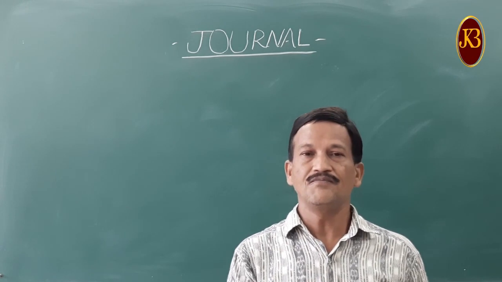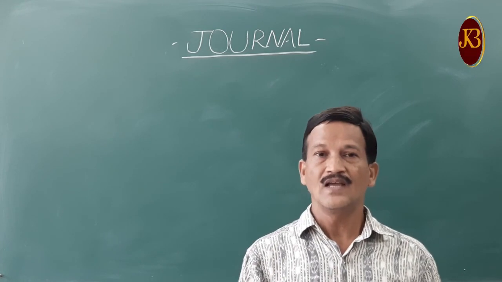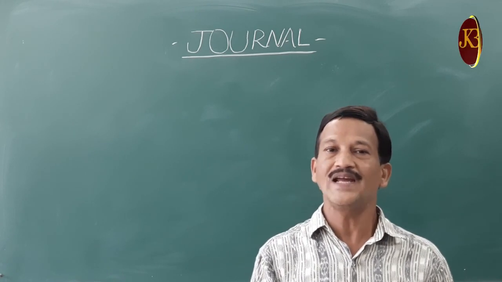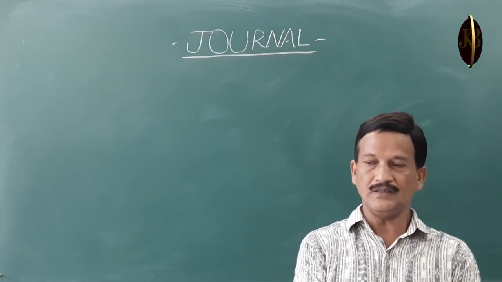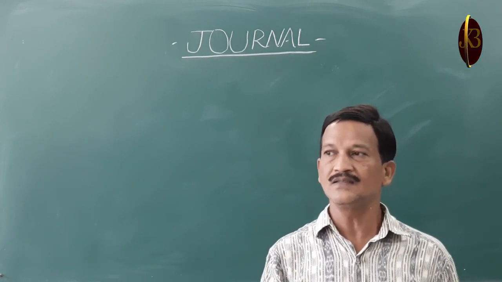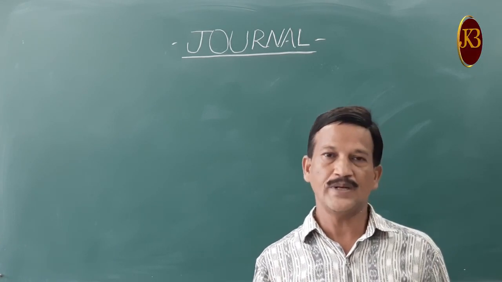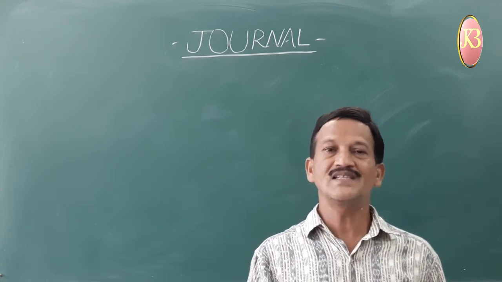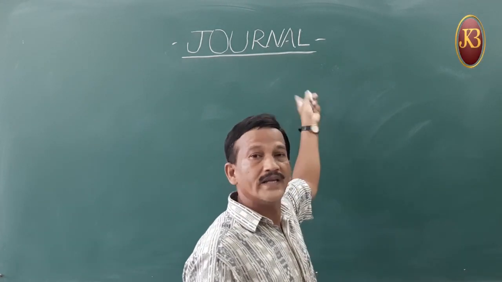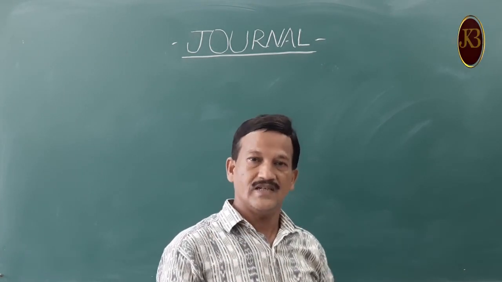This is the reason why the journal is called the prime book of entry or original book of entry. Since transactions are first recorded in this book, it is known as the prime book of entry or original book of entry, because it is the book of origin from which the other accounting books are started.